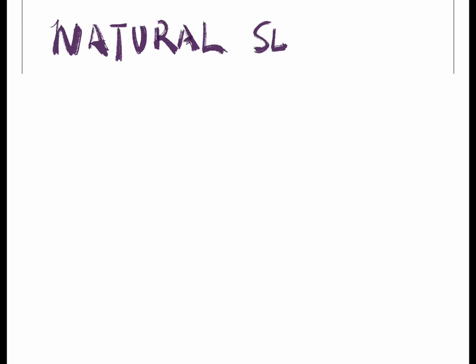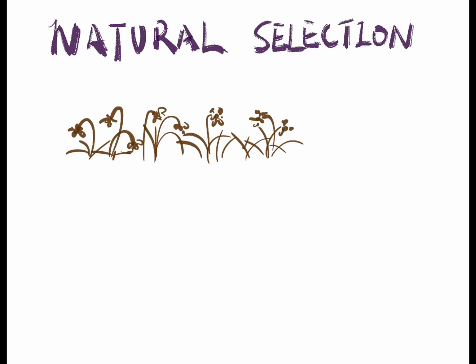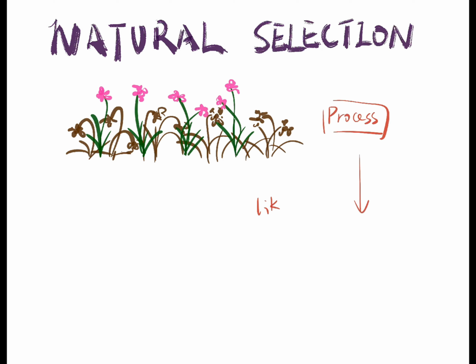But how do the variations influence the survival of living things and their future generations? This is where natural selection comes into play. Natural selection is like a process where living things with traits that fit their environment well are more likely to survive. This is similar to the process of selling cakes in a bakery.